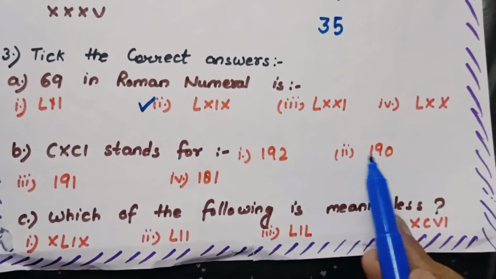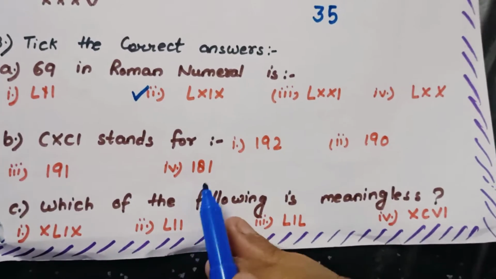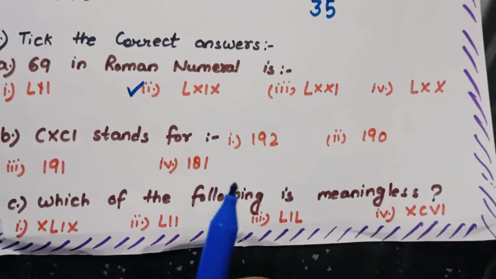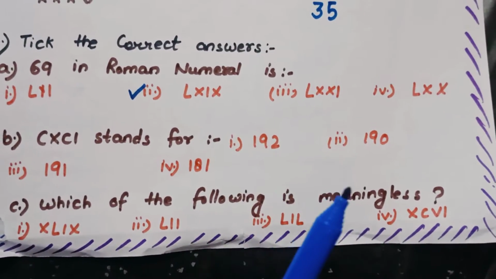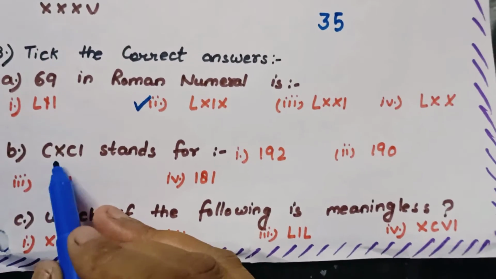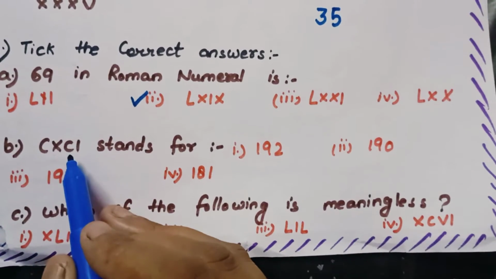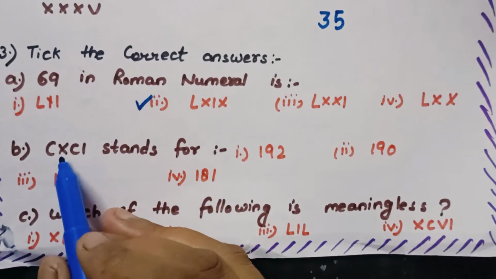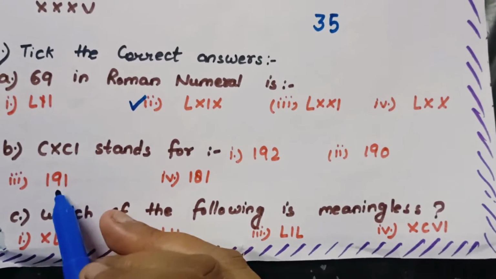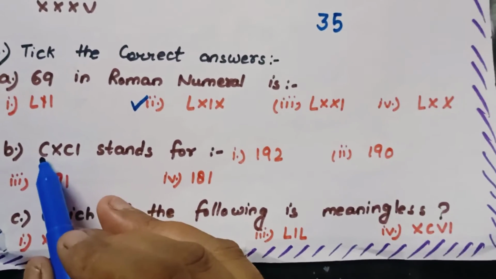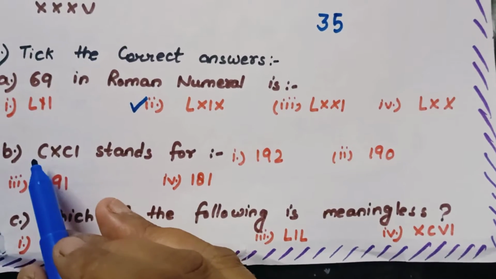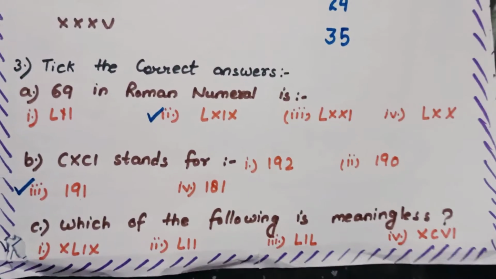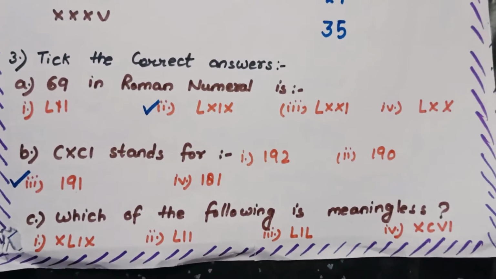So it means these two options are not correct, because we have one here also, we have one here also, right? Now once you learn these Roman numerals, you will know that XC in Hindu Arabic means 90. So this is our correct answer, because it is 90 and this is 1, so 91 we can see clearly, and the Hindu Arabic of C is 100. So 191 is our correct answer.